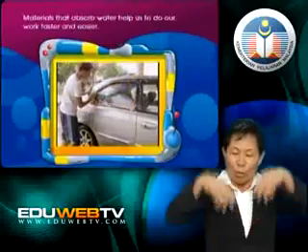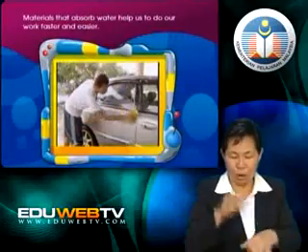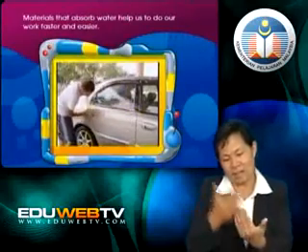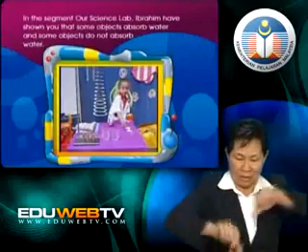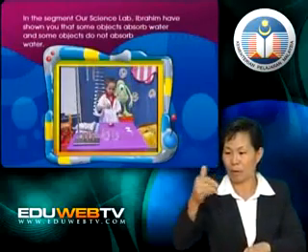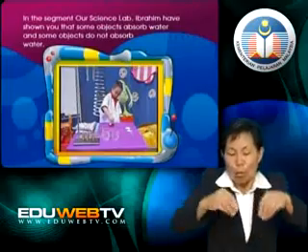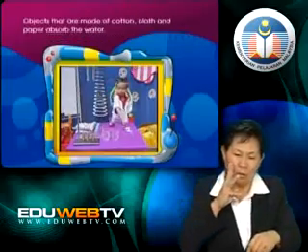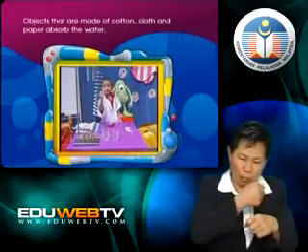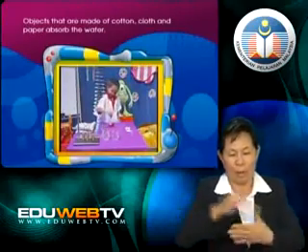Materials that absorb water help us to do our work faster and easier. In the segment Our Science Lab, Ibrahim has shown you that some objects absorb water and some objects do not absorb. Objects that are made of cotton, cloth and paper absorb the water.